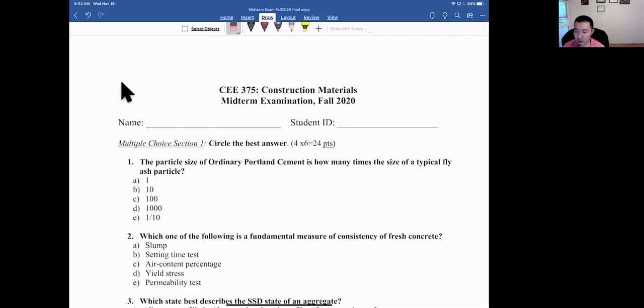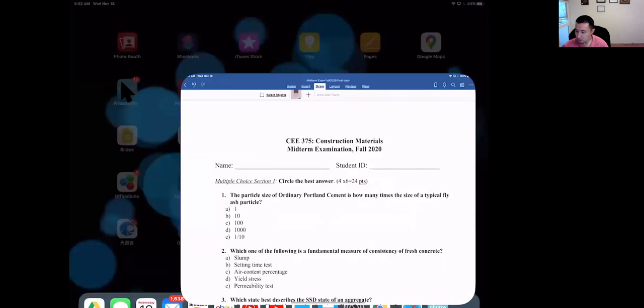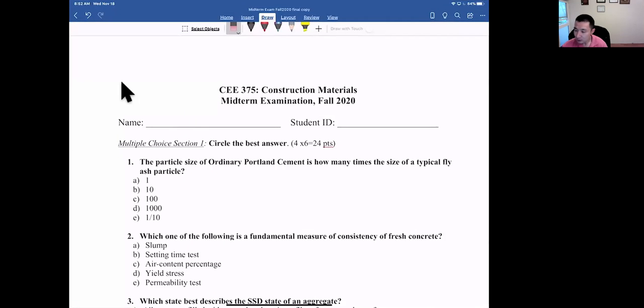But typical fly ash has a similar size as Portland cement, also around 10 to 20 micrometer. So the right answer should be A, 1, same size.